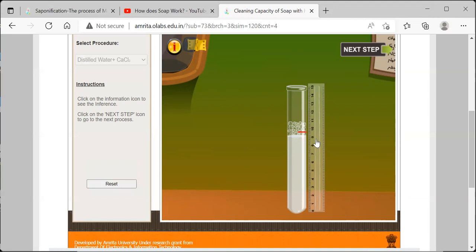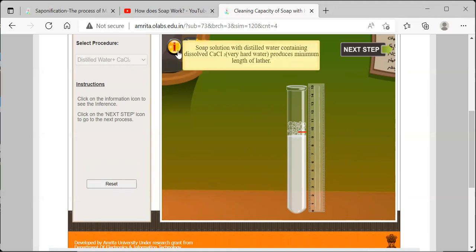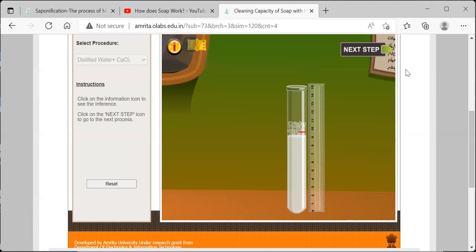And since our foam is between 9 and 11, that means that there's only around 2 centimeters of foam produced. So that means that the soap solution with distilled water that has calcium chloride, in other words, very hard water, produces the minimum length of lather compared to the other 2 samples that we have.